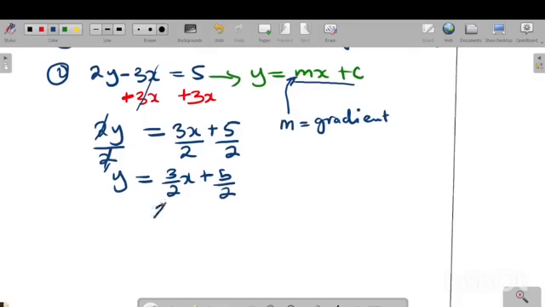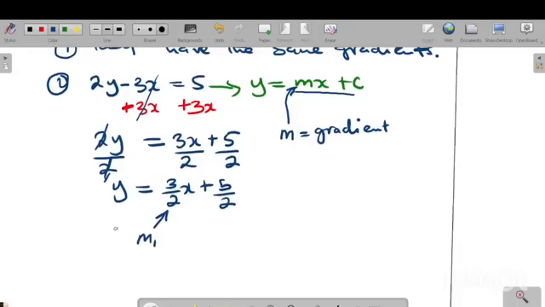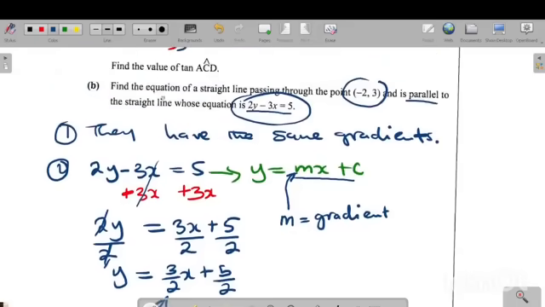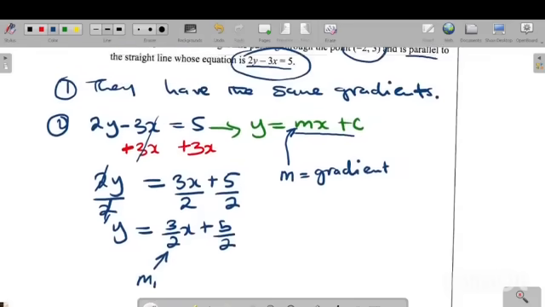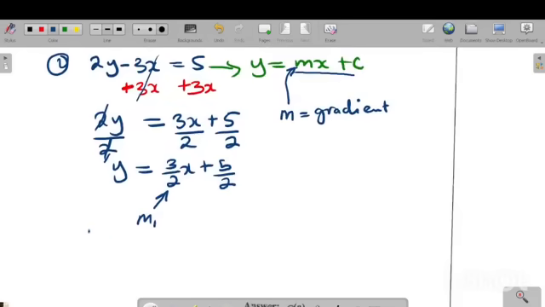We're going to call this m1. But remember that when the two lines are parallel to each other, they should have the same gradient. So meaning gradient 1 should be equal to gradient 2.